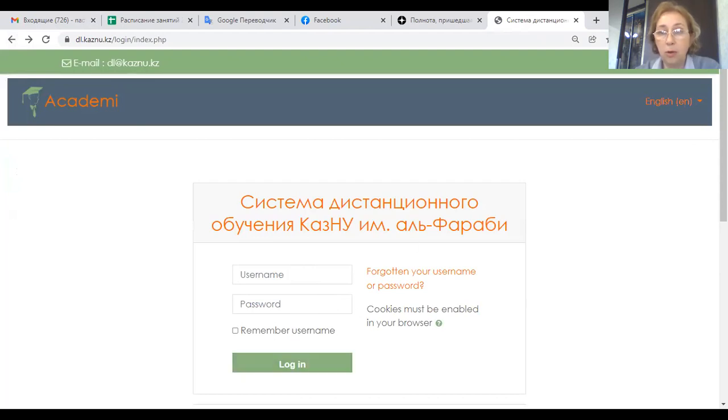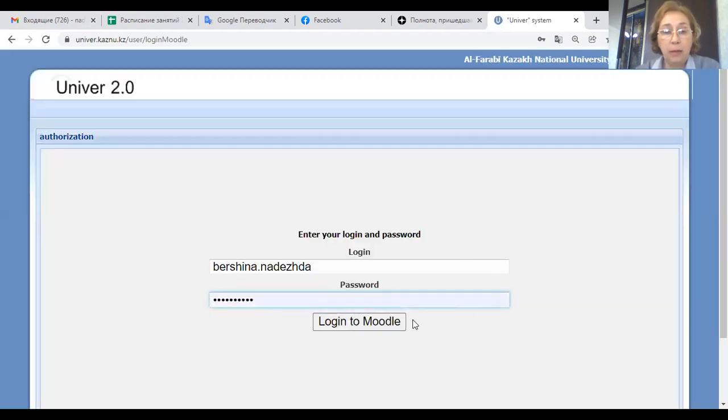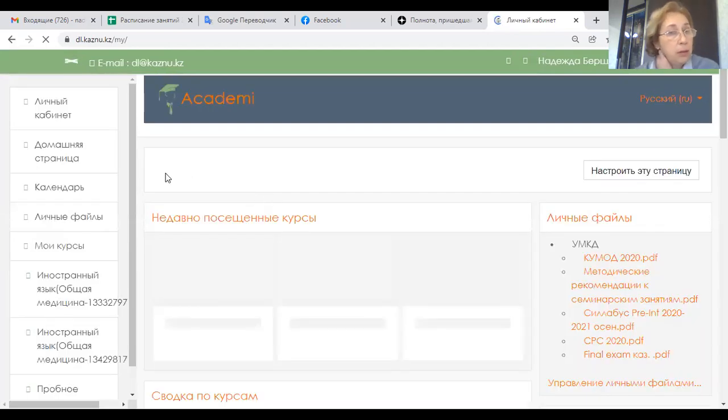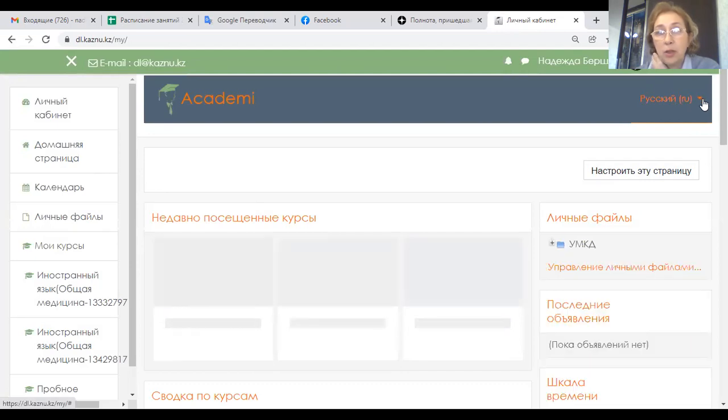No, you should log in like вход в систему, like here. And then if you click login to Moodle, you should write your login, which is your university login, right? And your own password.